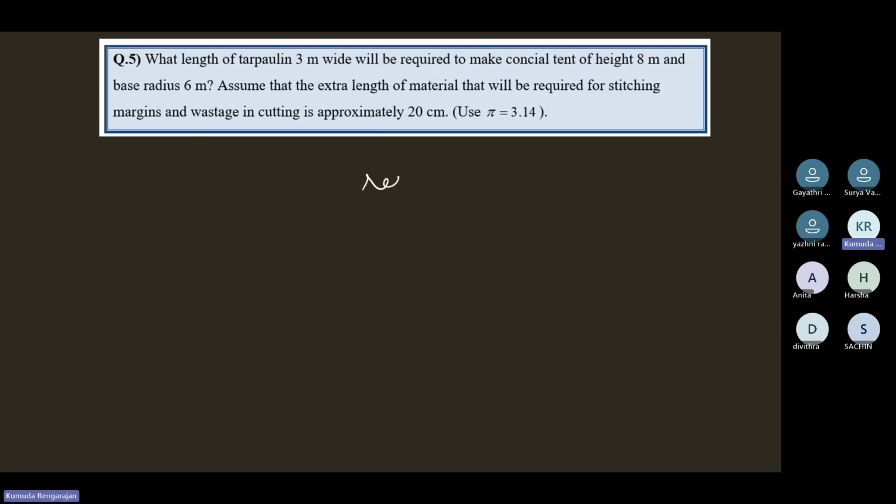There should be a reserve of 20 centimeters. So if you actually need 2 meters, you must buy 2 meters and 20 centimeters. Whatever you need, buy 20 centimeters extra.